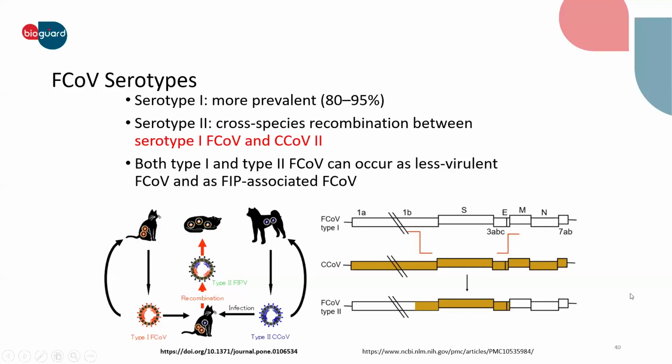So the difference between serotype 1 FCoV and serotype 2 FCoV is mainly in the spike protein and the surrounding genes of the FCoV genome. Everything else is the same.